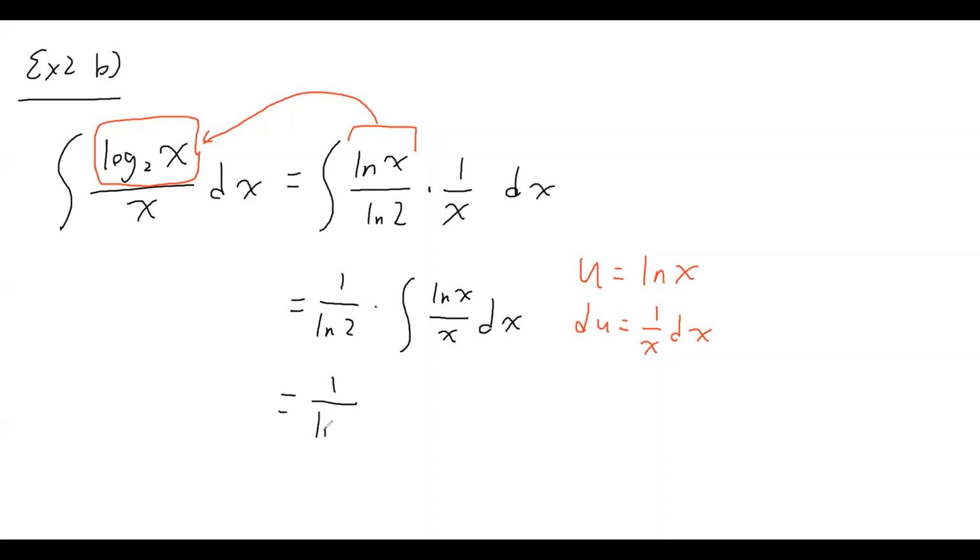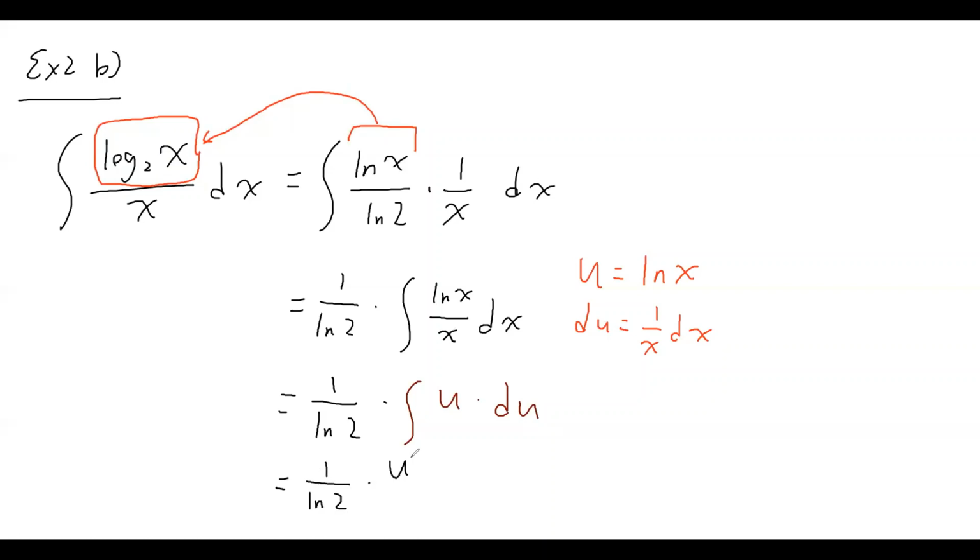So let me just take care of the 1 over ln 2 here. And now the integral, so ln x is just u, and then 1 over x times dx is just du. So here we just have the integral of u du, which is a very simple power rule. We just add a degree and then divide by the new degree.